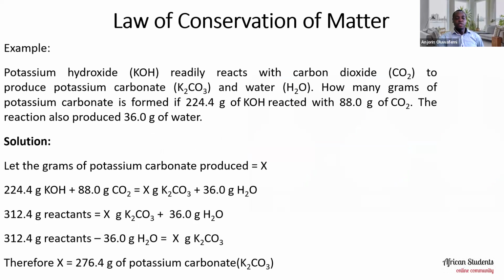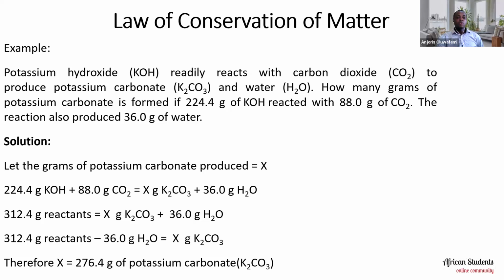Potassium hydroxide, KOH, readily reacts with carbon dioxide, CO2, to produce potassium carbonate, K2CO3, and water. How many grams of potassium carbonate is formed if 224.4 grams of KOH react with 88.0 grams of CO2?